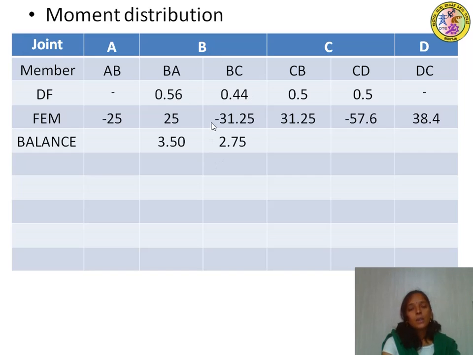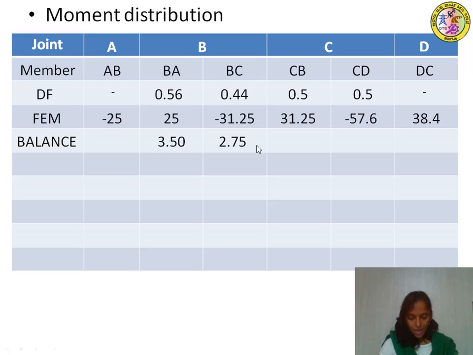In this case, minus 6.25 is the imbalancing moment, so the balancing moment will be equal to plus 6.25. 6.25 into 0.56 is equal to 3.5, and 6.25 into 0.44 will be equal to 2.75.